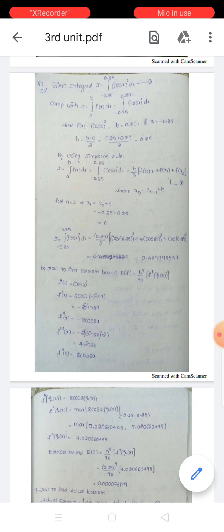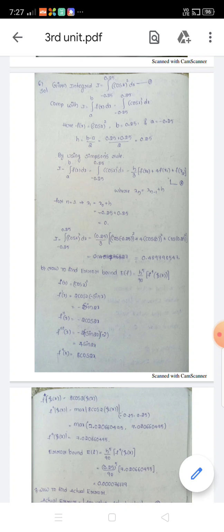Comparing with I is equal to integral a to b f of x dx is equal to integral minus 0.25 to 0.25 cos x square dx, here f of x equals cos x square, b is equal to 0.25, a is equal to minus 0.25, h equals (b minus a) by 2 equals (0.25 plus 0.25) by 2 equals 0.25.